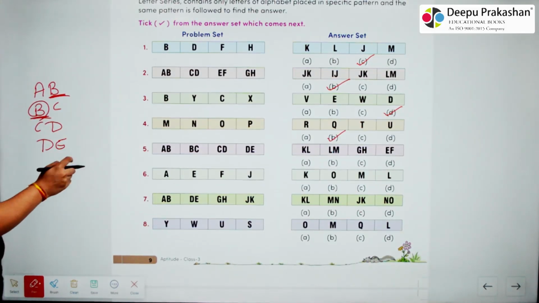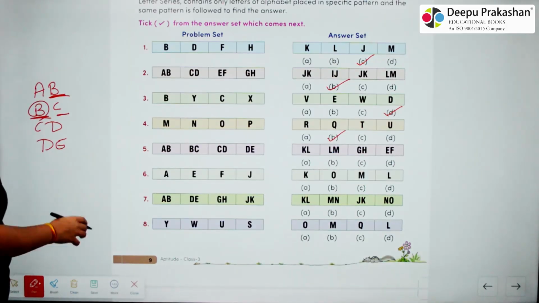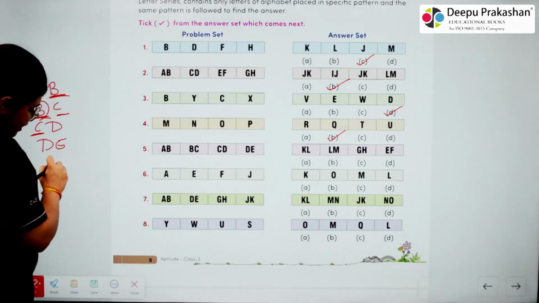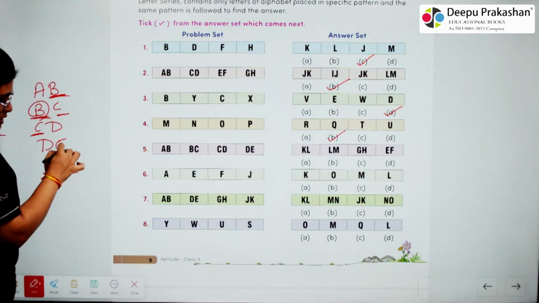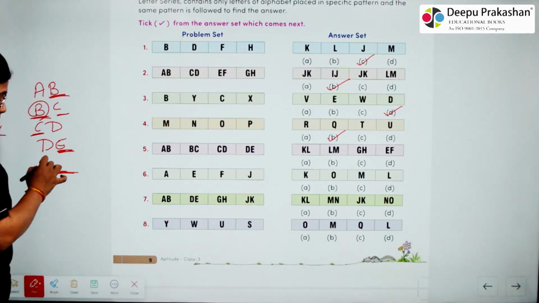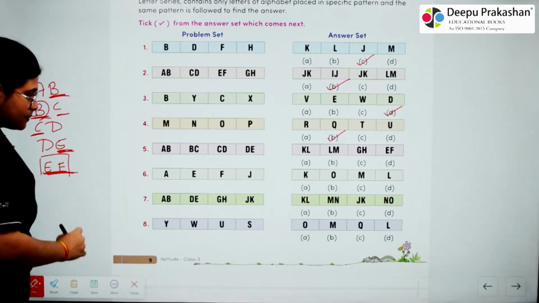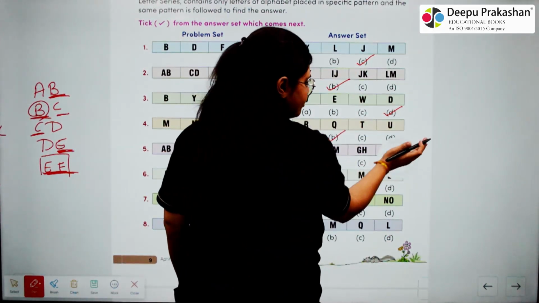Similarly, the second letter of the second pair and the first letter of the third pair are the same. That means if we have to find the next pair of this series, it will start with E, as it is the second letter of the last pair, so it would be EF. So the answer for this series is EF.